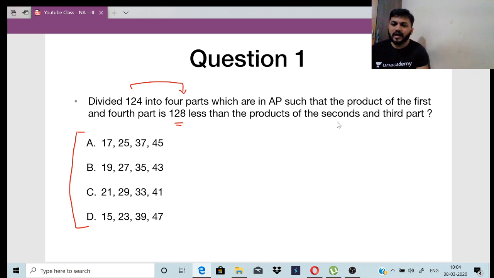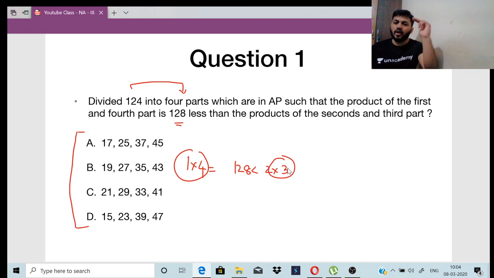124 is divided into 4 parts, and the product of 1 into 4 is 128 less than 2 into 3. That means the answer of 1 into 4 will be 128 less than the answer of 2 into 3, right?